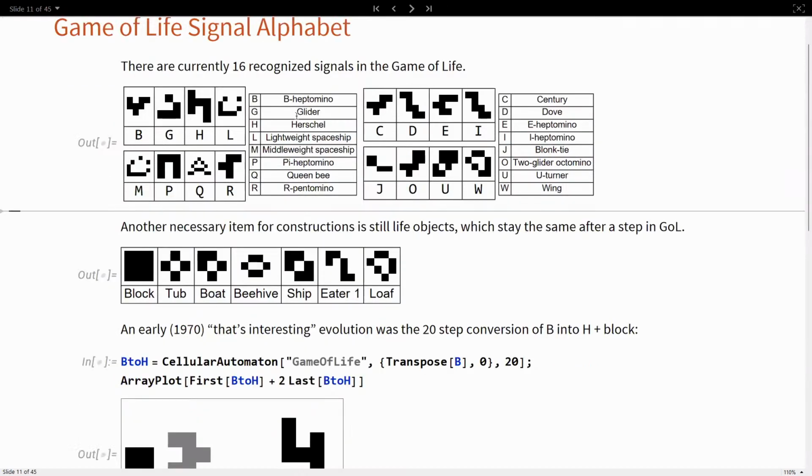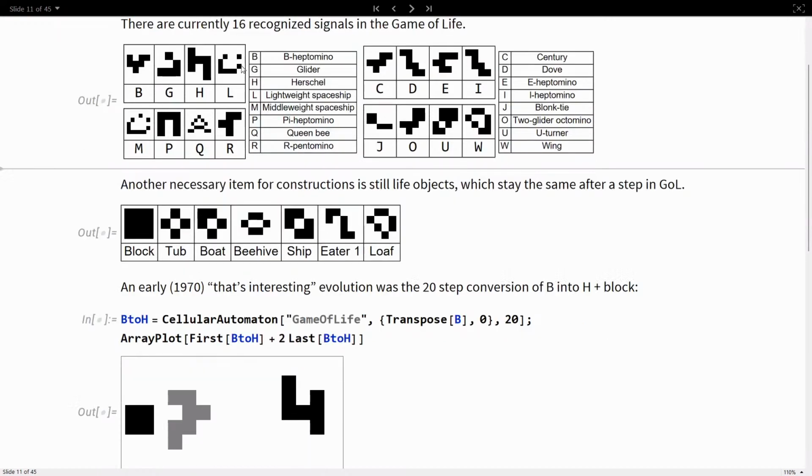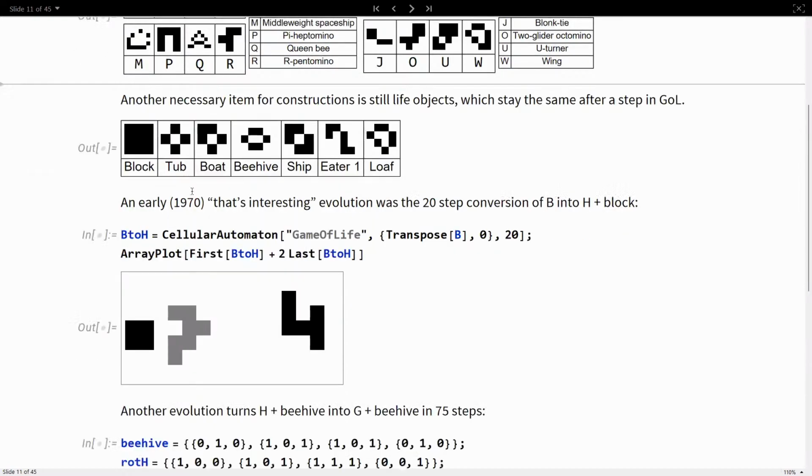So these are the important signals here, and one characteristic is that they will easily reproduce either themselves or others, and it doesn't take much to get them to move somewhere else. The gliders and small shapeships, of course, are automatically moved somewhere else, but often you want to move things in a different direction.